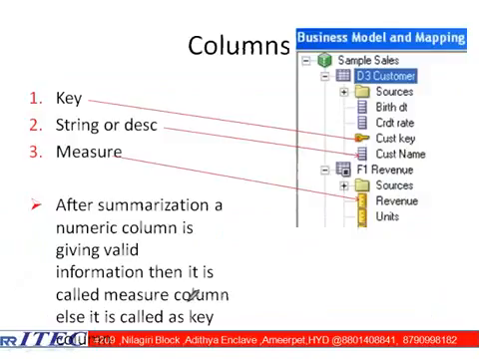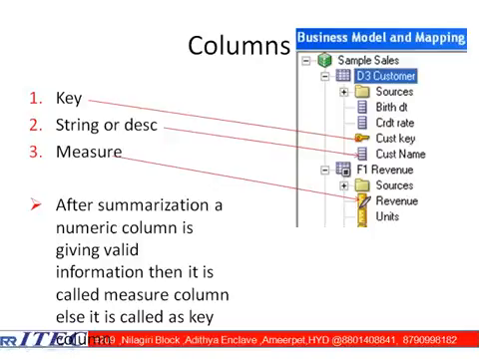Right. Let us go for the first one: what are the different types of columns available. Observe the screenshot carefully and notice how many different types of symbols there are. How many types are there? Three types.